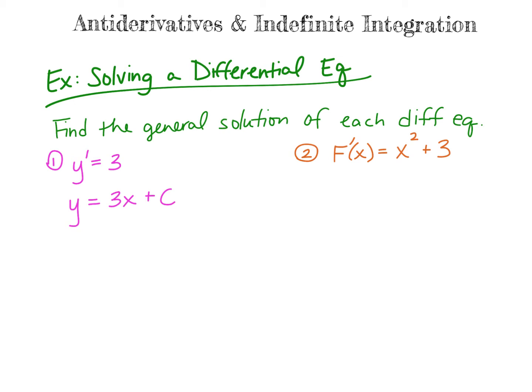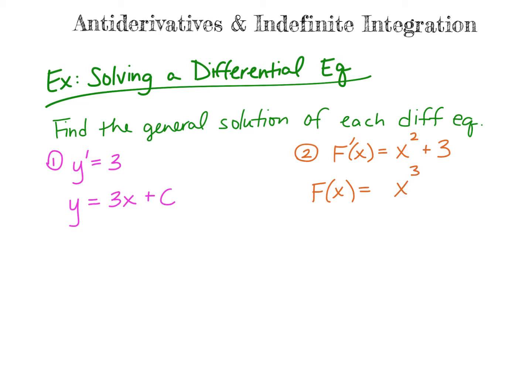In number 2, our differential equation is f prime of x equals x squared plus 3. This one is a little bit more difficult to work backwards from. We have two terms here, but the first one might be a little bit harder to think about. Can you think of what we had to take the derivative of to get x squared? Well, we know there definitely had to have been an x cubed because we used the power rule.